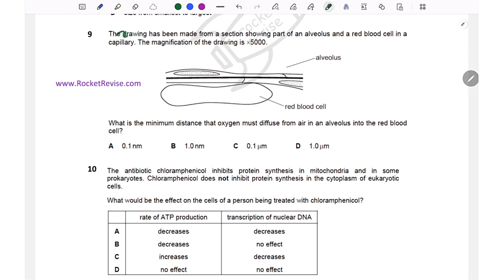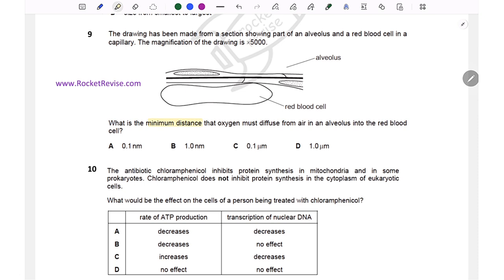Question number 9. The drawing has been made from a section showing part of an alveolus and a red blood cell in a capillary. So you can see that here. The magnification of a drawing is times 5,000. What is the minimum distance that oxygen must diffuse from air in an alveolus into the red blood cell?